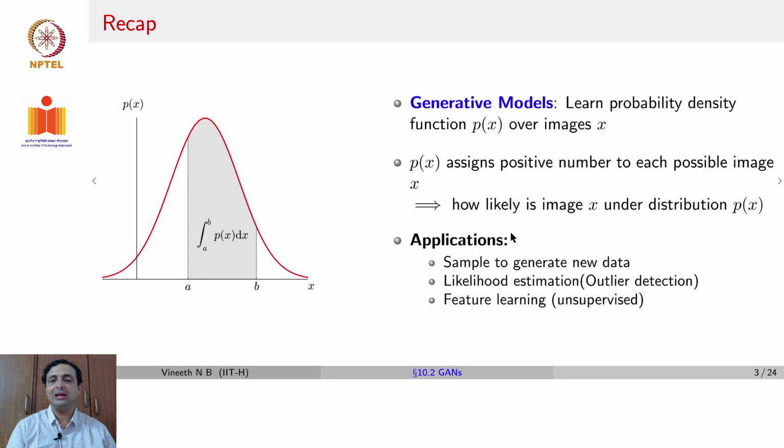It tells us how likely that image X is under that distribution P of X. And we said that applications of generative models include sampling and generating new data, and likelihood estimation, which could help you in outlier detection, because you have a certain distribution and a certain likelihood of a data point belonging to it. If that likelihood is very low, it's likely that the point was an outlier. Similarly, you can also do feature learning, which we'll talk about more in this lecture.